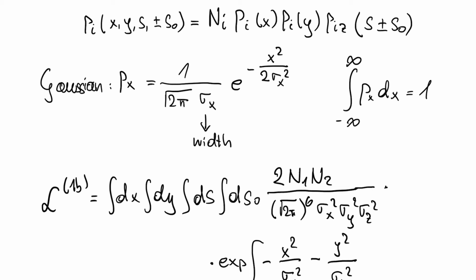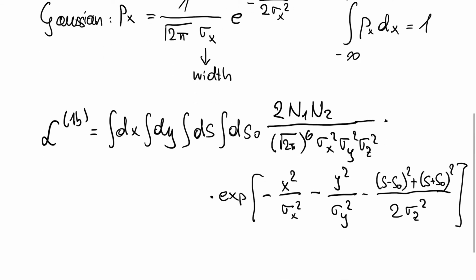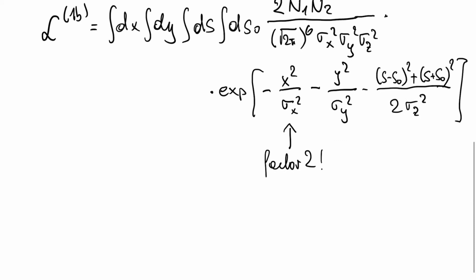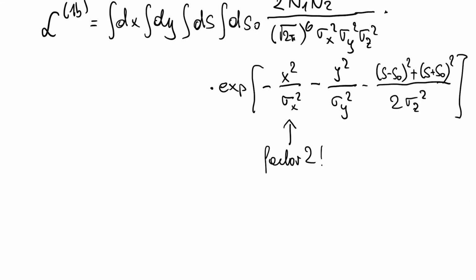And in the exponent we get 2 factors of minus x squared over 2 sigma x squared. So the 2 in the denominator in the exponent goes away. And from the distributions in the z direction, we get s minus s0 squared plus s0 squared. Remember, there's a factor of 2 here, so that cancels the 1/2 that's in the definition of the Gaussian. All we have to do now is expand the exponent and carry out the integral.